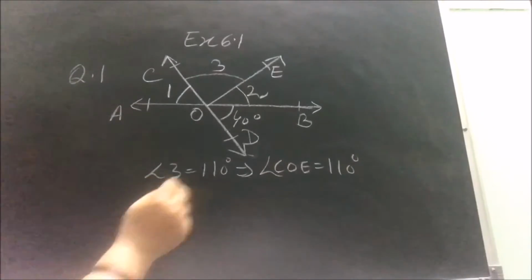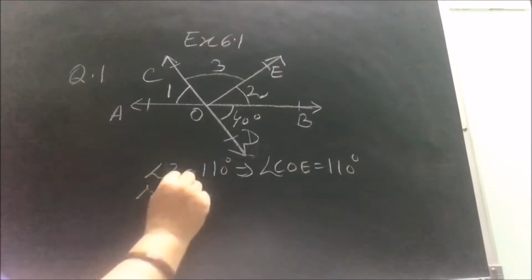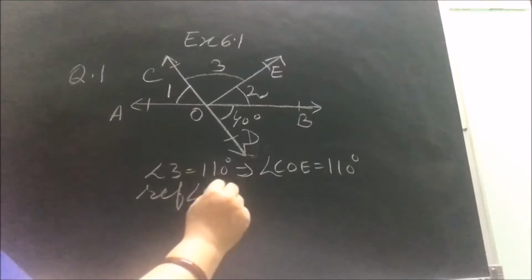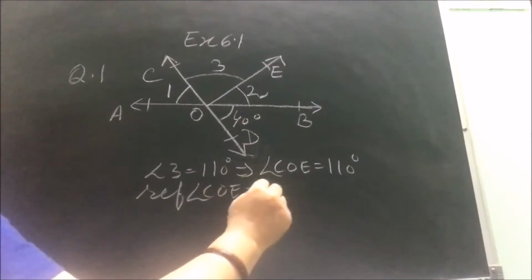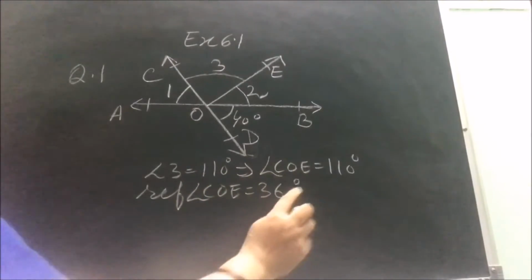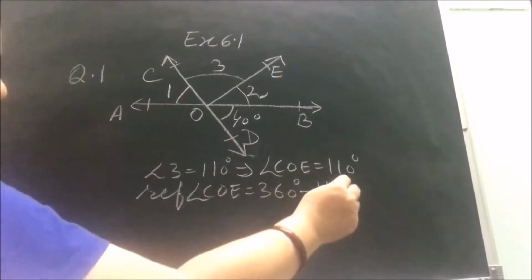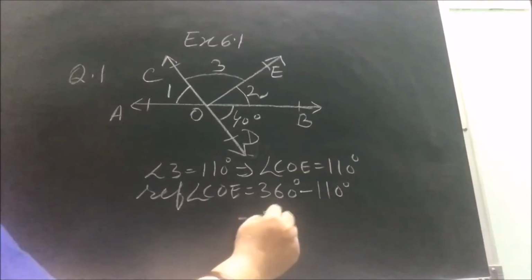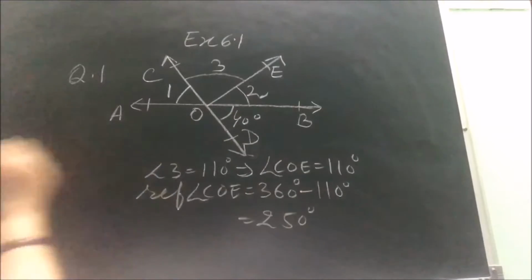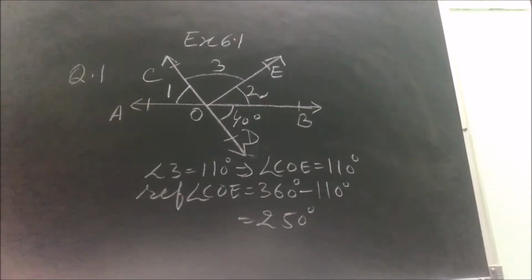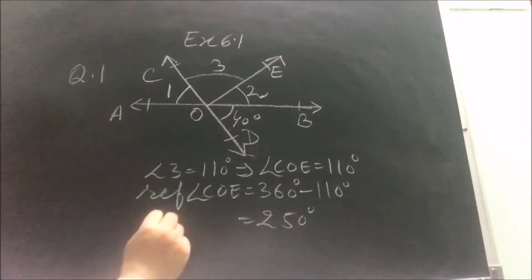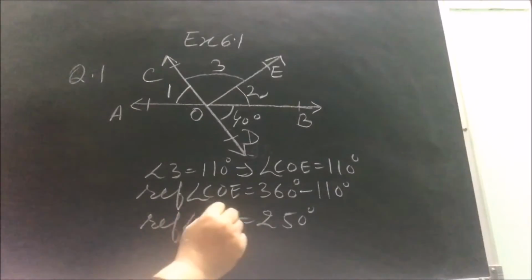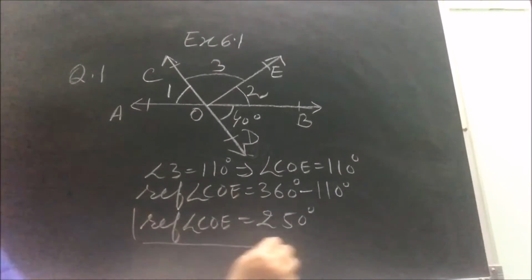But we have to find the reflex of this angle. To find the reflex of angle COE, we subtract 110 from 360 degrees. It is 250 degrees. So the reflex of COE is 250 degrees.